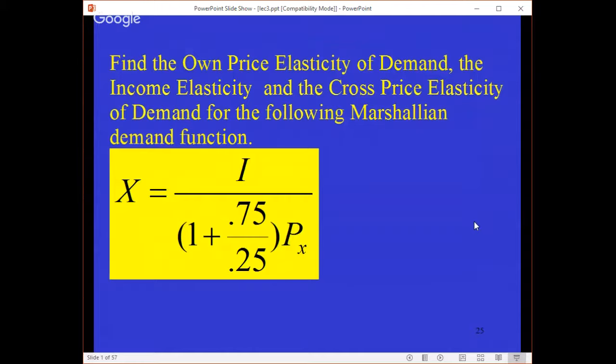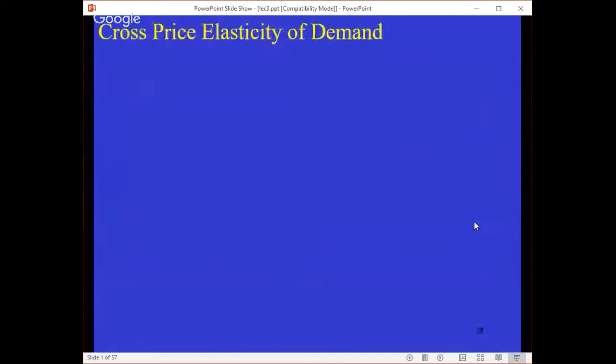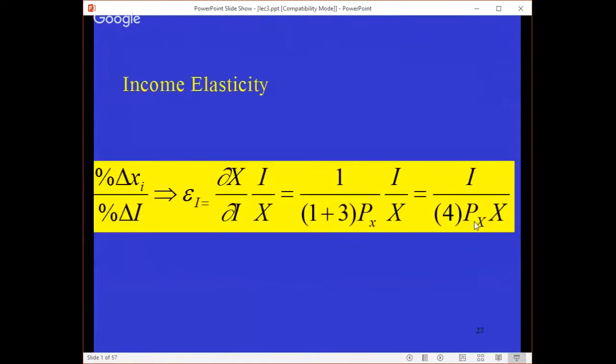So the derivative of this is just 1 over 4, and that's the constant. Again, don't worry about the math here. It's a little more complicated than we need and than we're going to use.